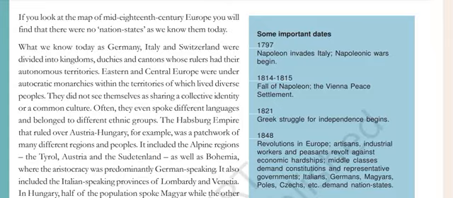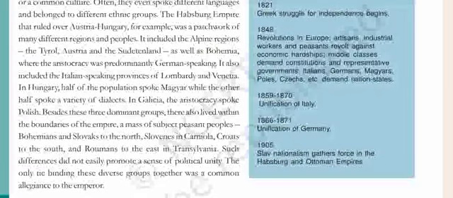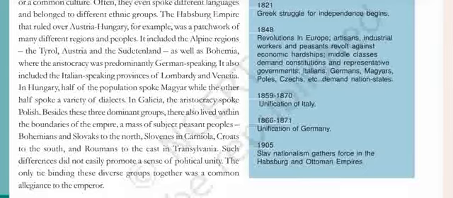It also included the Italian-speaking provinces of Lombardy and Venetia. In Hungary, half of the population spoke Magyar, while the other half spoke a variety of dialects. In Galicia, the aristocracy spoke Polish.